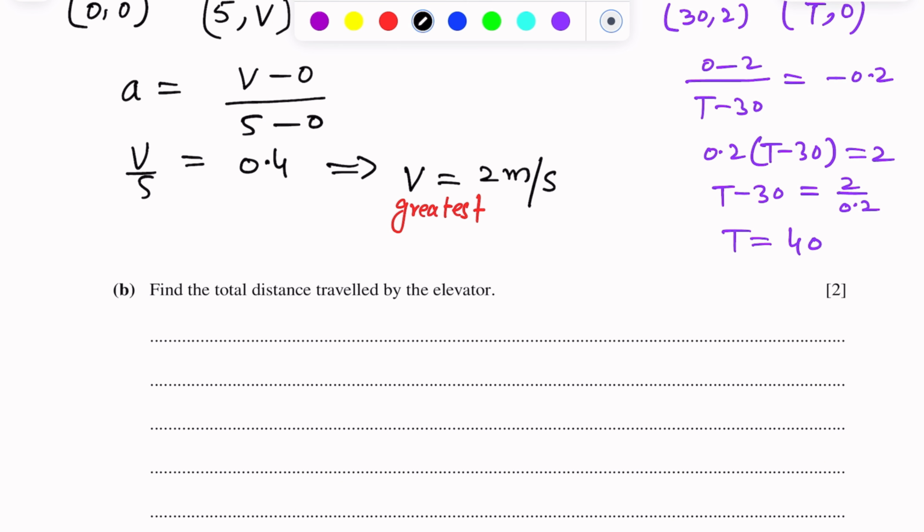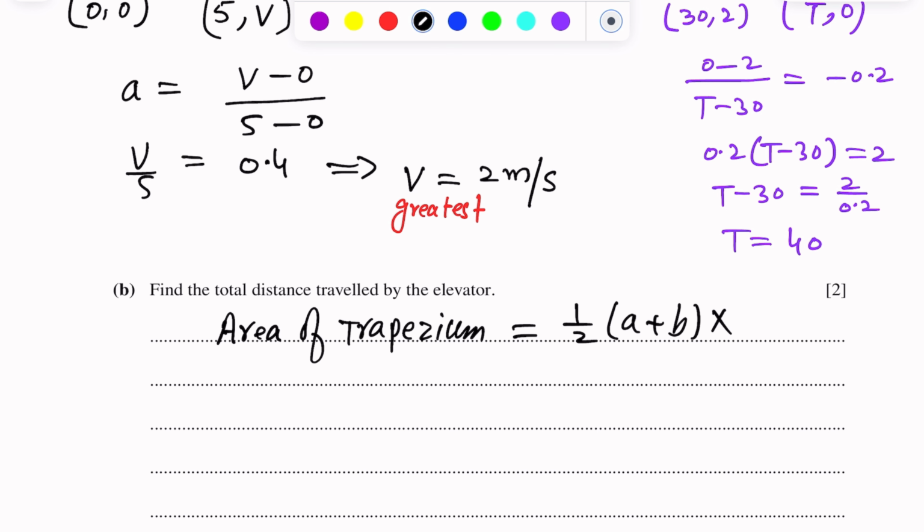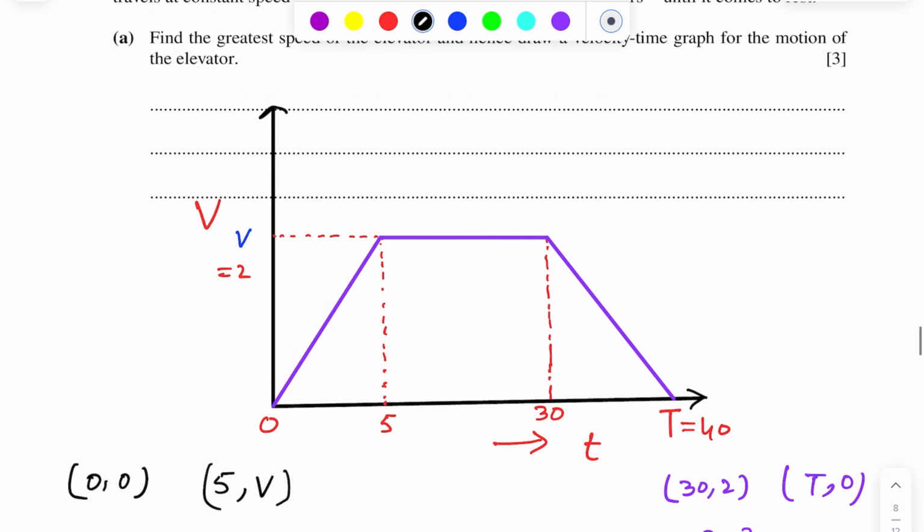So area of trapezium: 1 over 2, sum of parallel sides, this is the formula, into the perpendicular distance between these two parallel sides. These are the parallel sides: this is 40 and this is 25, and the height is this, that is 2.